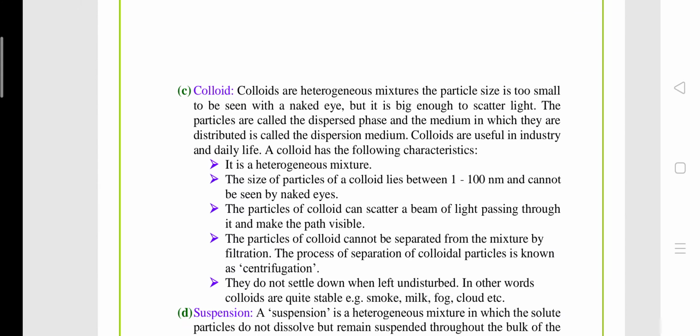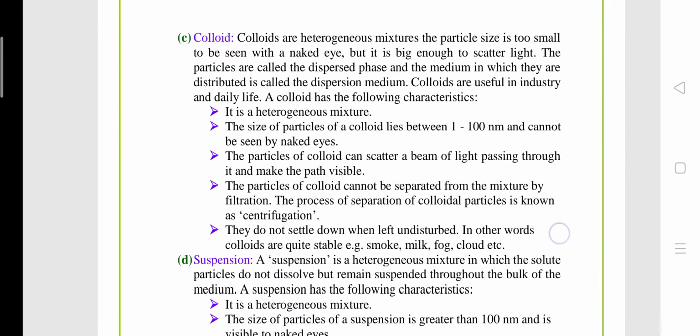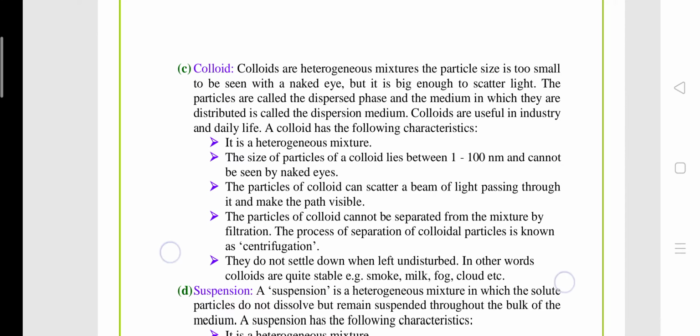Next is colloidal solution, and after this you have to explain the suspension solution. We will do a detailed study of these kinds of solutions in the chapter explanation also, so I advise you to first read the chapter.